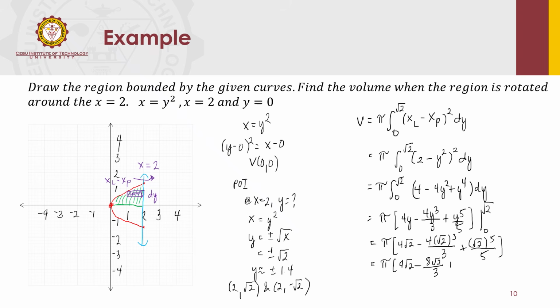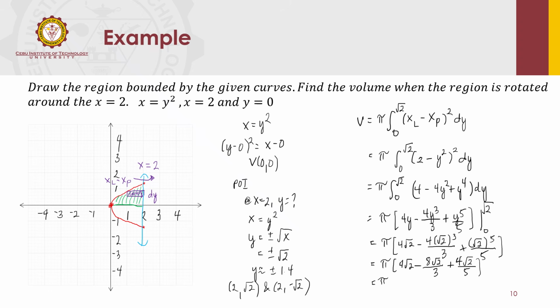And for the fifth power of square root of 2, that's 2 square root of 2, times another 2 for another pair, so that's 4, and the last is a square root of 2, so 4 square root of 2 over 5. If you have a calculator, of course, you can just input this definite integral into the calculator and you'll get the value.